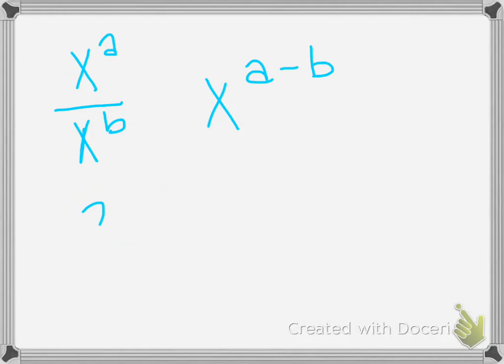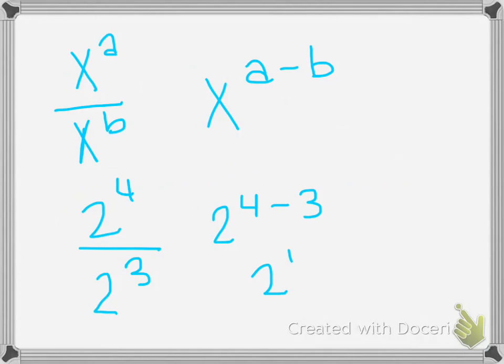So if we have 2 to the power of 4 over 2 to the power of 3, we'd get 2 to the power of 4 minus 3. So we'd have 2 to the power of 1 or just 2. Again, the bases on this one have to be the same.